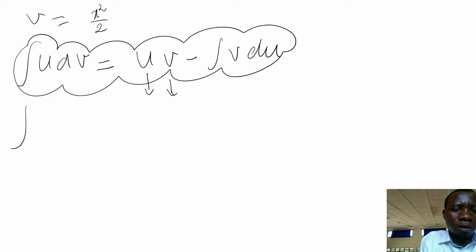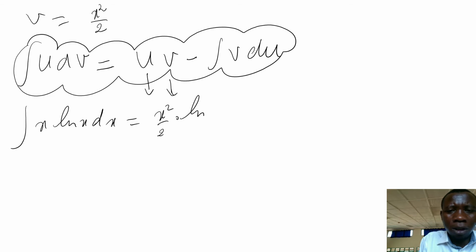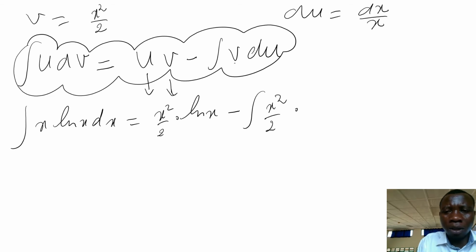The integral of x ln x dx is equal to u is ln x, v is x squared over 2. So it is x squared over 2 ln x minus the integration of v, which is x squared over 2, times du. Remember that our du is equal to dx over x. So we say dx over x.